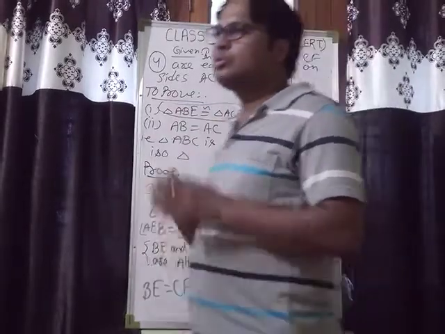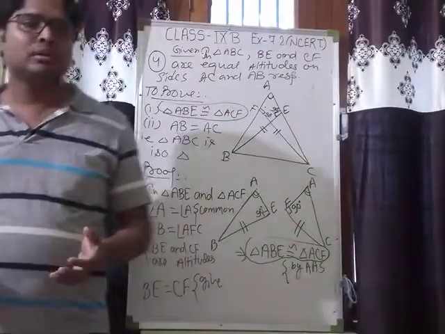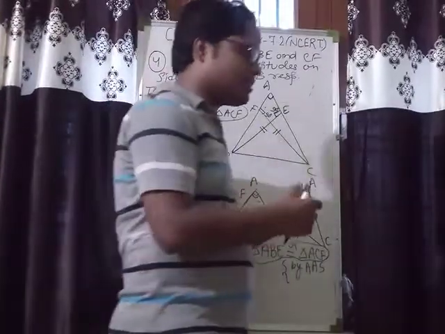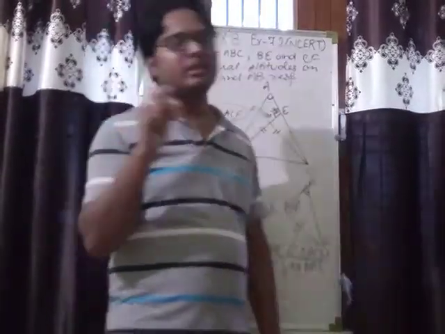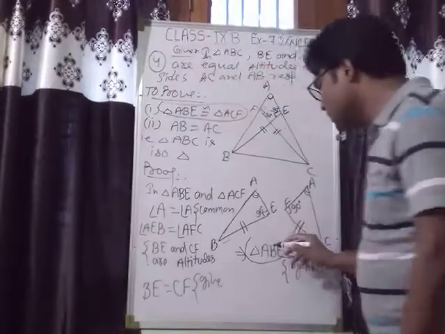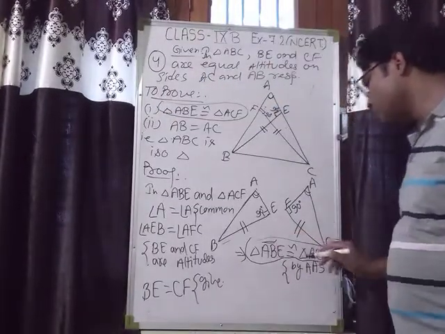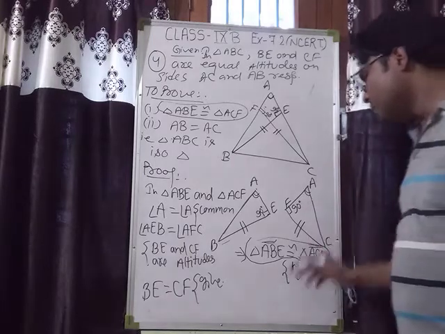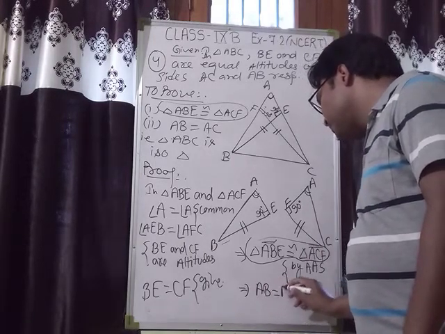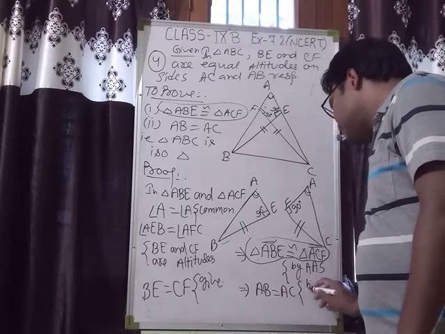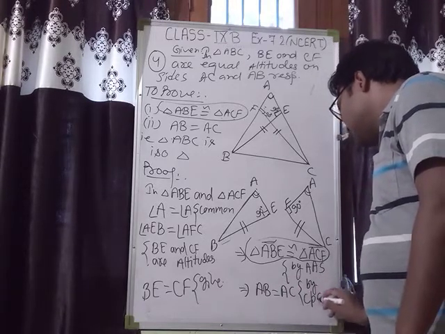And when two triangles are congruent, then by CPC, corresponding parts of congruent triangles, their corresponding angles and corresponding sides will be equal. So from here we conclude that AB and AC are equal. Clearly we can write AB equal to AC, that is by CPCT.